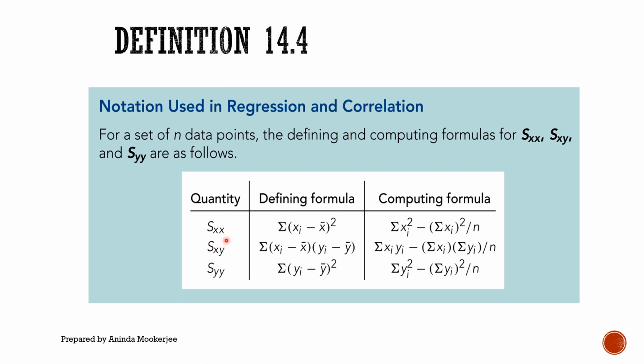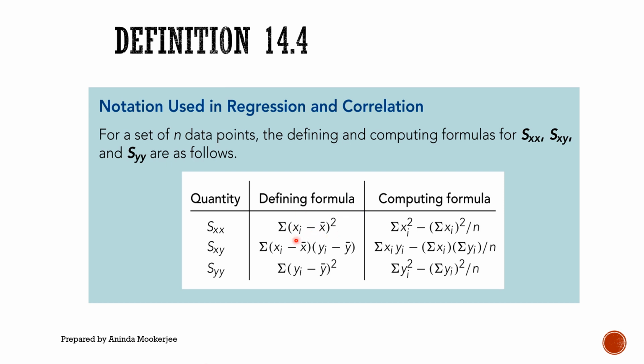S sub xx quantifies how much each individual x value varies from the overall mean of all the x values. So we see here it's a sigma, and then within brackets we have x sub i. X sub i represents the individual x values, and here we have minus x bar, and x bar is the mean of all the x values.